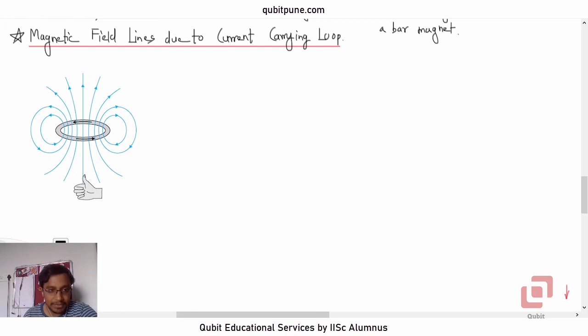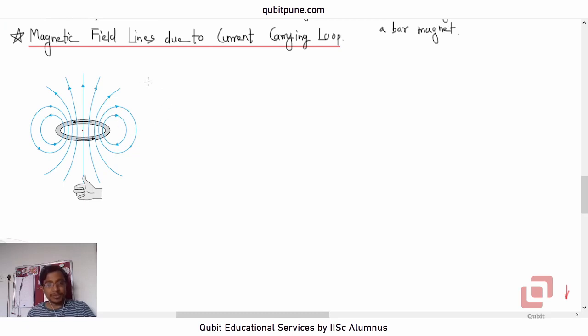If we imagine this to be in the xy plane, with this as the origin, the direction of the magnetic field is perpendicular to that everywhere, so it is along the z-axis. If the curled fingers denote the flow of current, then the thumb will point in the direction of the magnetic field. And you also have the other lines here.